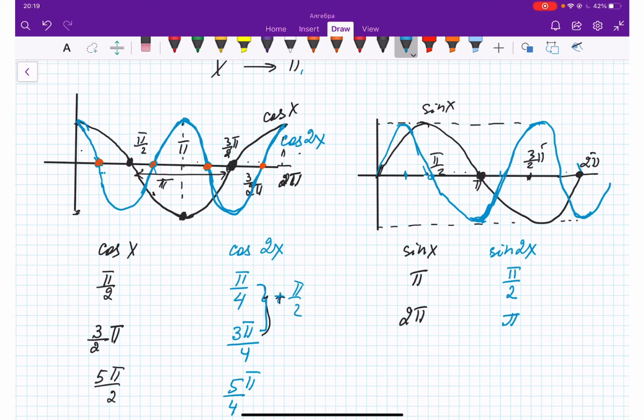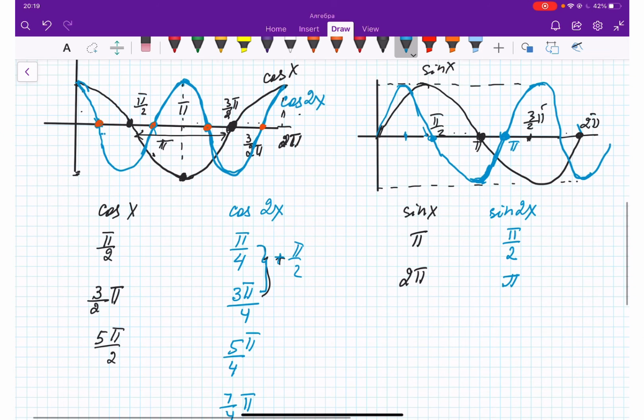Right here, pi over 2. Here we have, for this one, it's going to be 1 pi, right? And since sine x, it's going from critical point to critical point, it goes through 1 pi, half a period. It's right here.